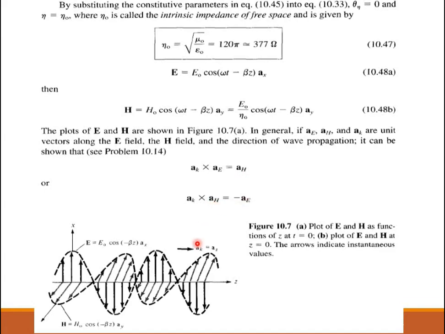Similarly, AE cross AH gives you AK. We had derived that when you derived the expression for the Poynting vector in lecture 1. The cross product of AE cross AH is going to give you AK, the direction of propagation of the wave.